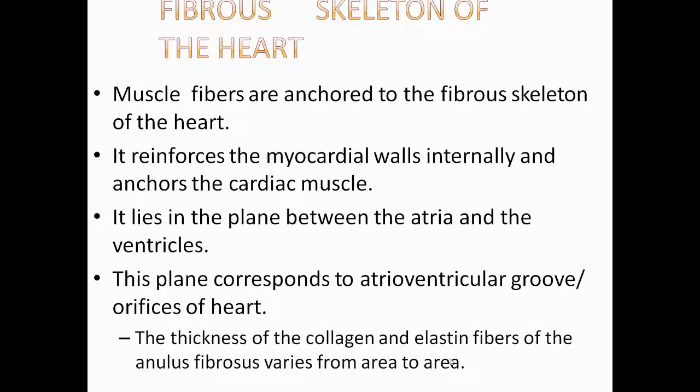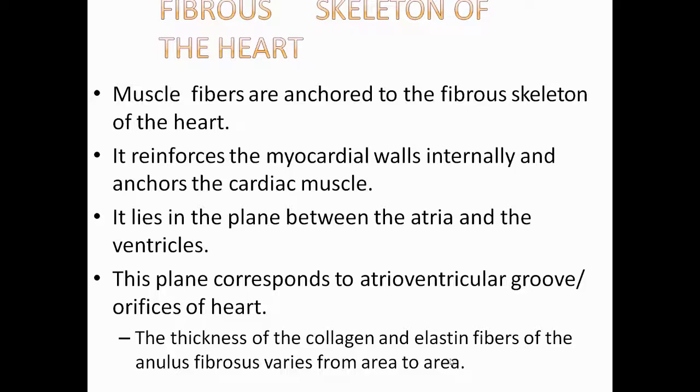Muscle fibers are anchored to the fibrous skeleton of the heart. It reinforces the myocardial wall internally and anchors the cardiac muscles. It lies in the plane between the atria and the ventricles. This plane corresponds to the atrioventricular groove and the orifices of the heart.